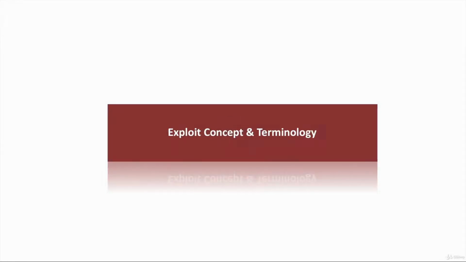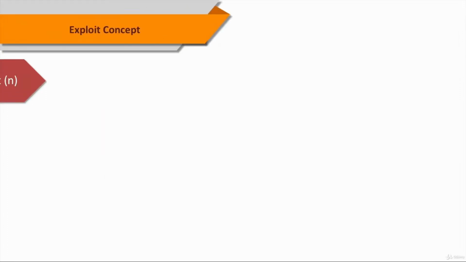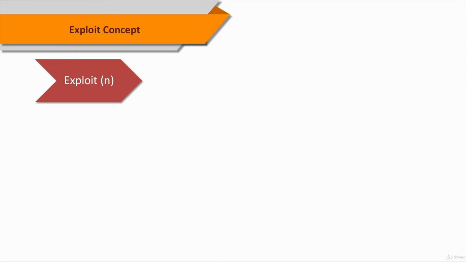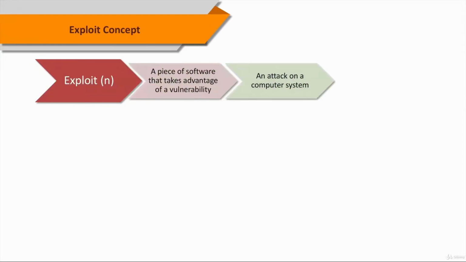Now, to understand what we'll do throughout the course, I think it's better to start by learning the exploitation concept and the terminology. Literally, an exploit should be defined as a piece of software or a sequence of commands that takes advantage of a vulnerability to cause unintended or unanticipated behavior to occur on computer software or hardware. But I'd like to explain it in these words.